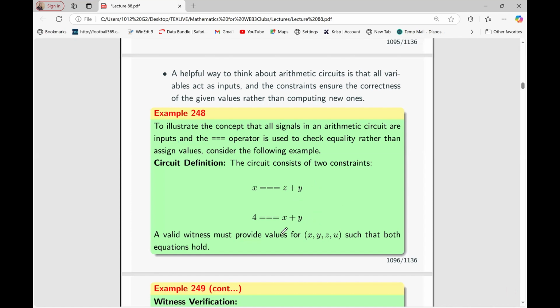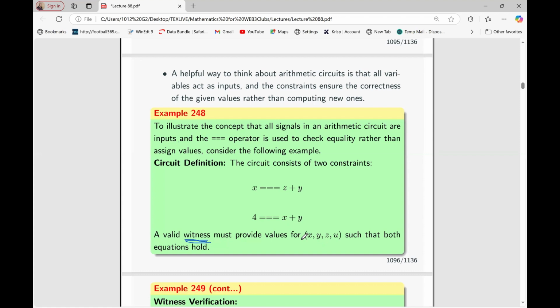Now, we shall be talking about witnesses when you talk of zero knowledge proof. Witnesses are just the values of the signals. That is what we call the witness. The person proving it can also be called a witness.